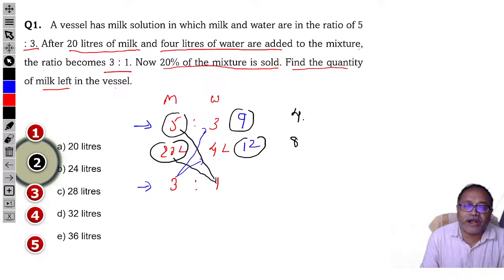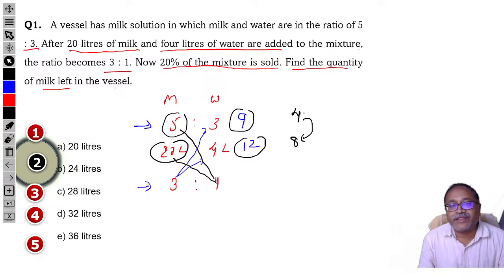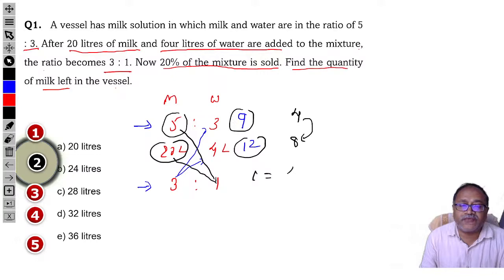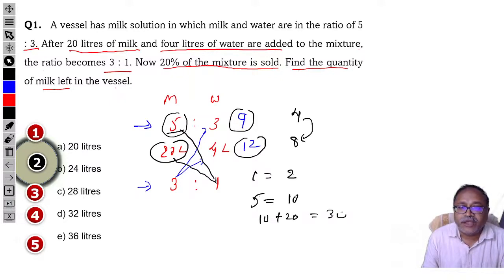That means 4 parts is equal to 8, so 1 part is equal to 2. Now I need to find the quantity of the milk left. Milk is 5 parts, so 5 into 2 is 10, and after that 20 liters is added. So 10 plus 20 is 30, out of which if 20% is sold, I will be left with 80%. So 30 into 0.8 is 24 liters.